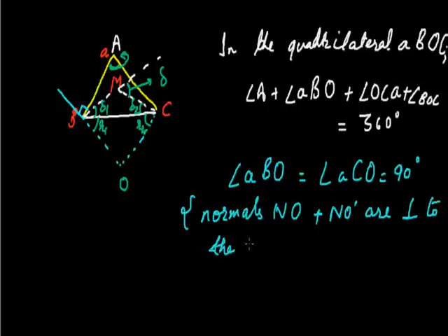This is the simple logic of taking angles ABO and ACO as 90 degrees.